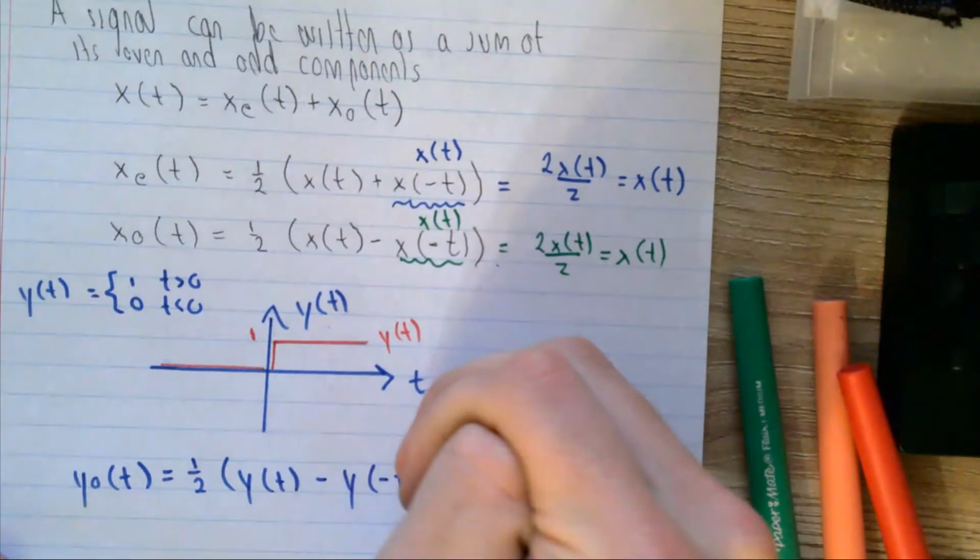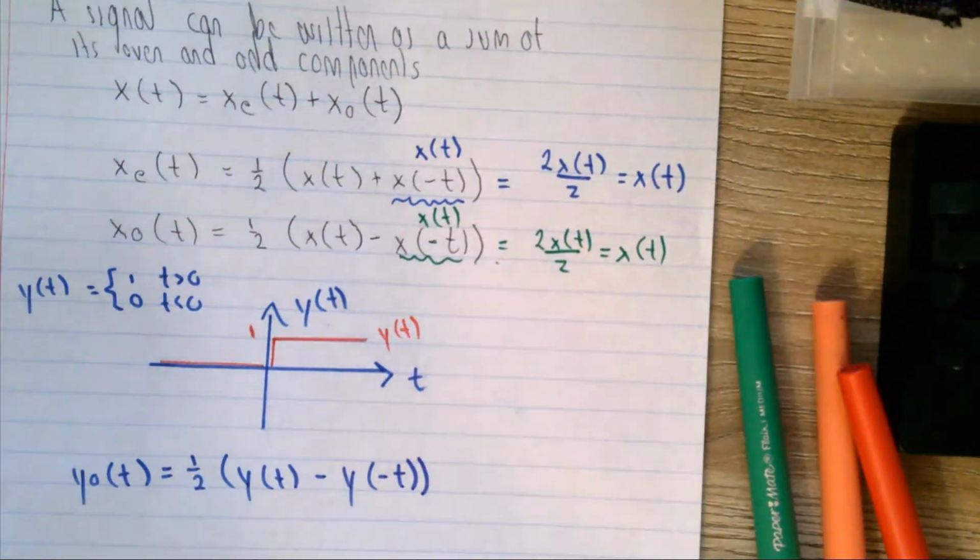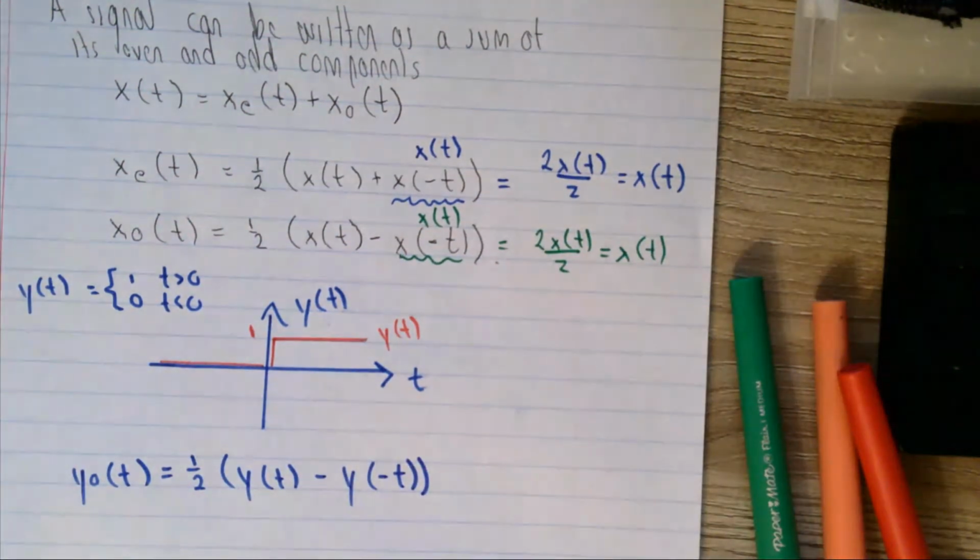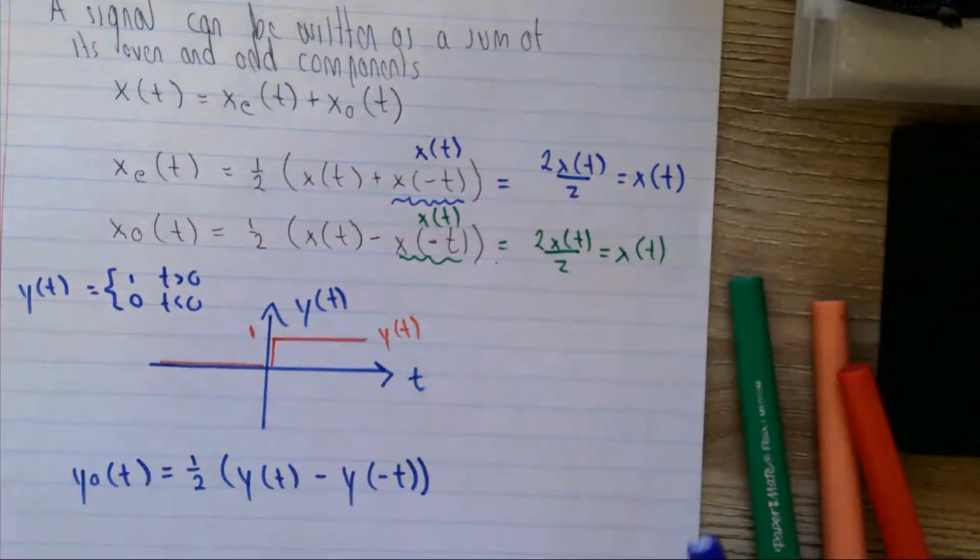What is this going to look like specifically? Well, if we graph it, what's going to happen is we're going to have, where's our even one? So let me use a color here.